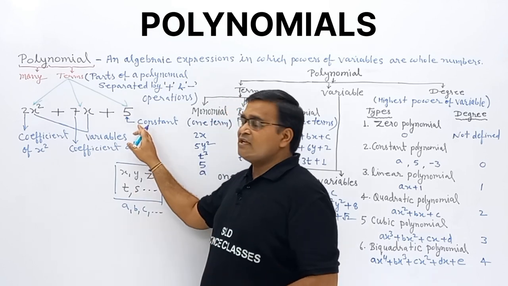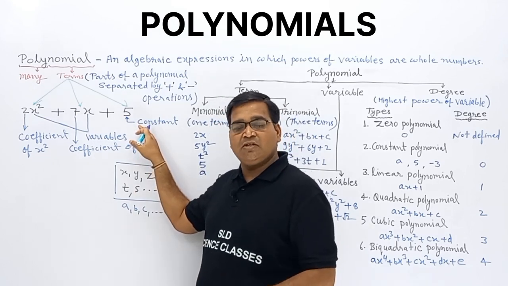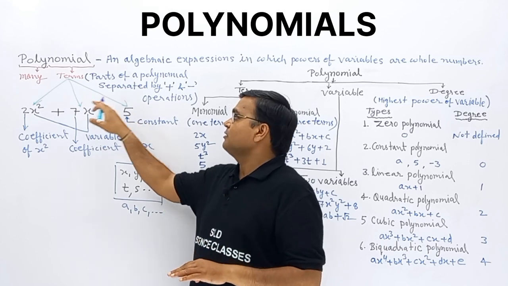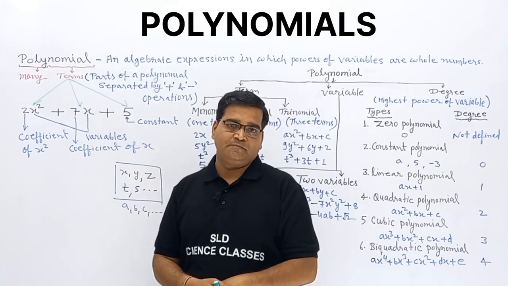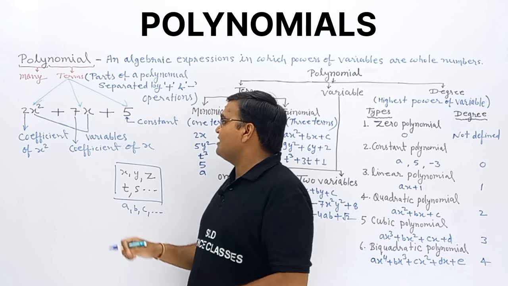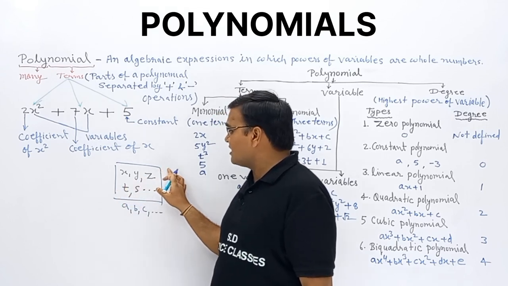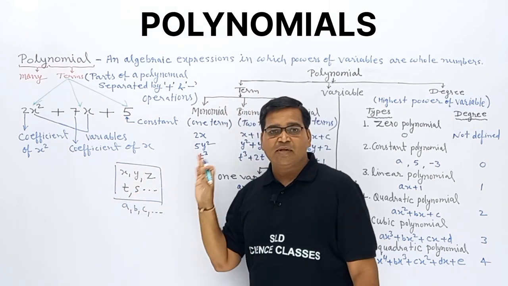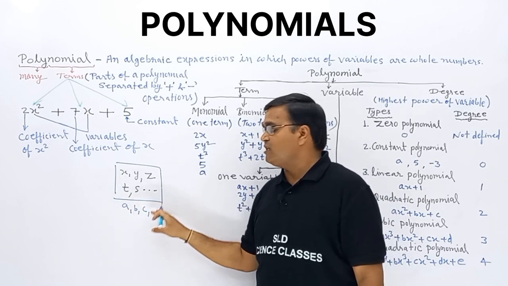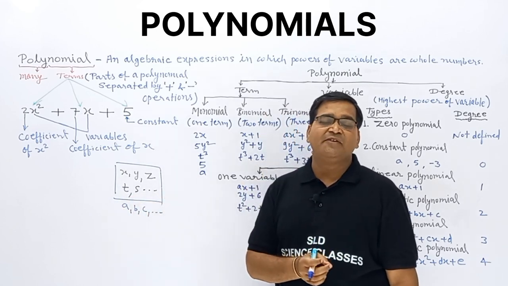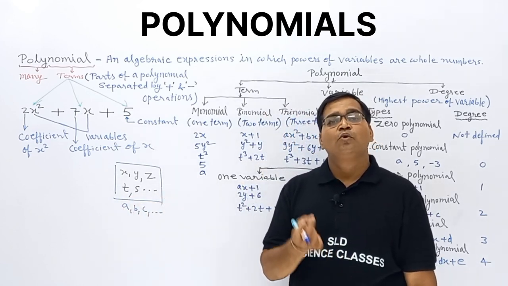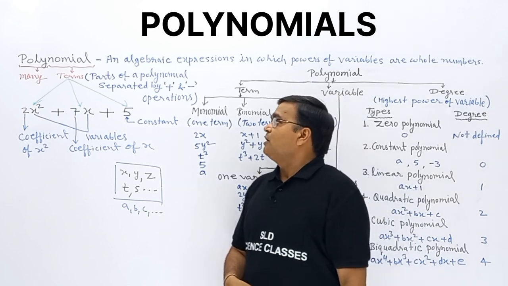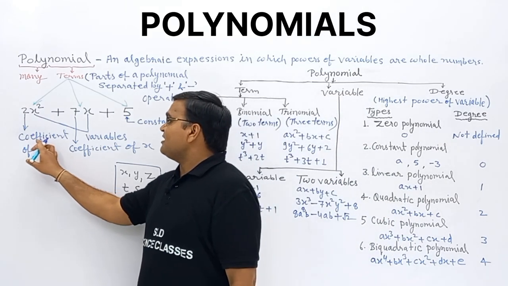Constants are not changing in the problem, but variables are varying. So these are some variables, and these numbers 5, 10, and a, b, c are constants.